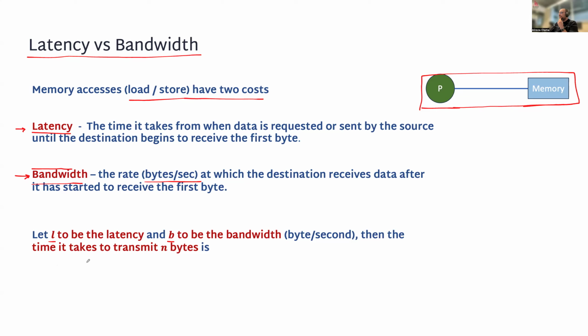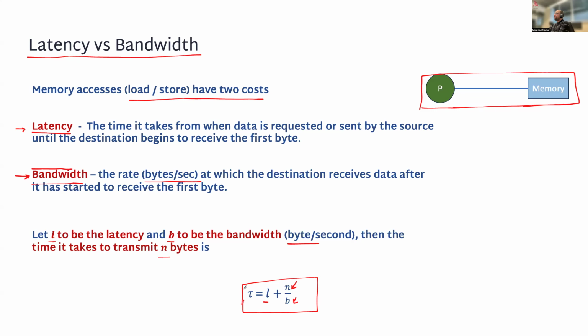How can we compute the amount of time that it needs to transmit n bytes in the system? Let's compute this time delay between CPU and memory. We have the latency L, and we have n bytes, and we know that we can send B bytes per second, right? So the overall cost will be L plus n divided by the bandwidth.